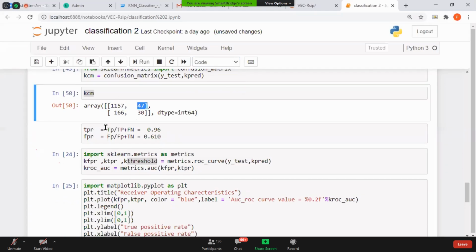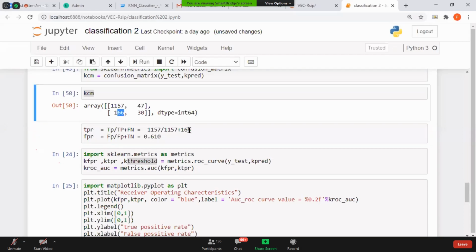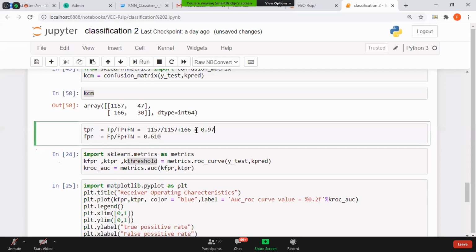Now let's calculate TPR and FPR. What is the formula of TPR? True positive 1157 divided by 1157 plus 166, because this is false negative, right? It goes around 0.97, right?